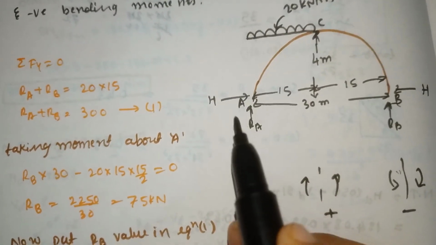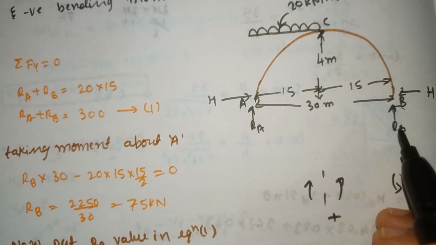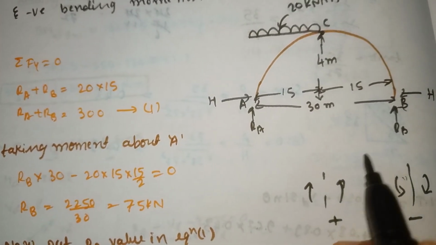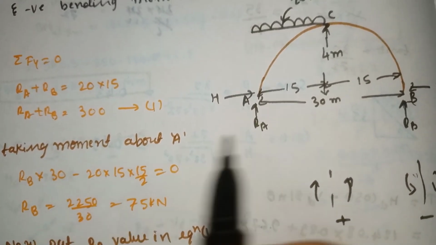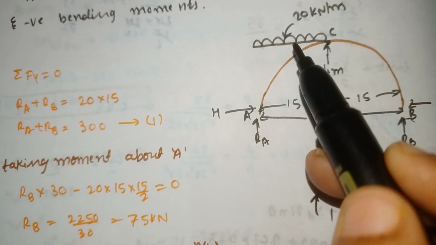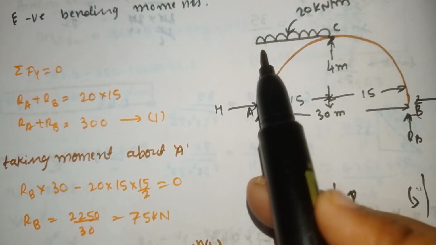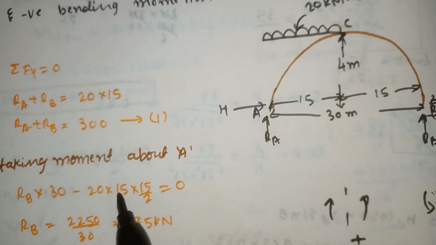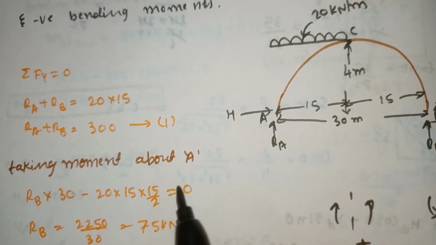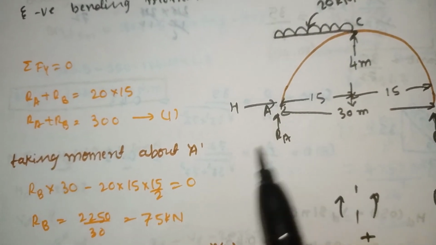Summation of moments about A: RB into distance from here to here, 30, minus, since the load is moving downward, 20 into 15, the distance of the load, into 15 divided by 2, because the UDL acts at the center of its length, so we take half of the distance.